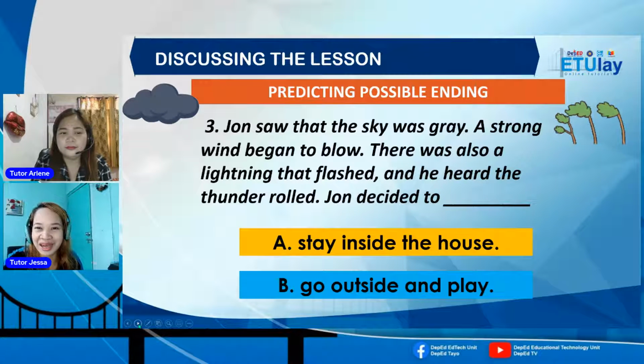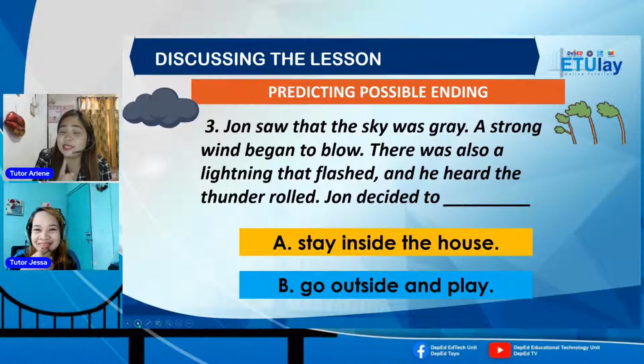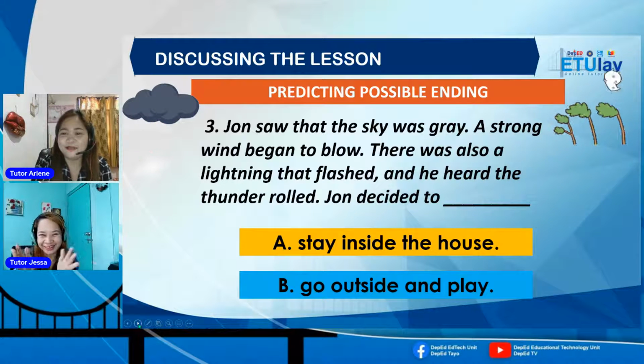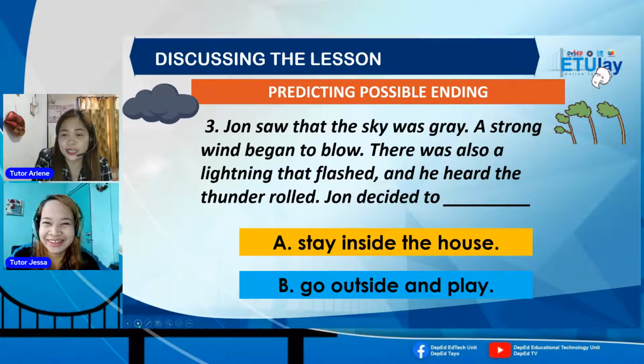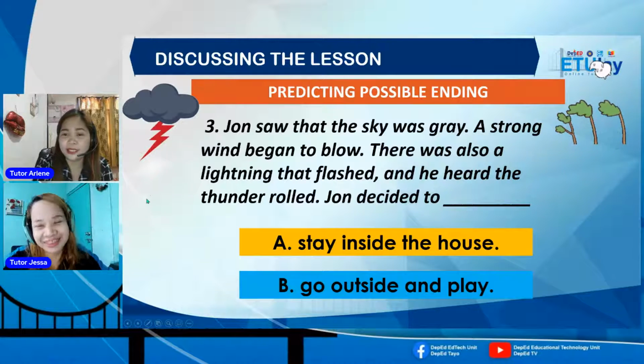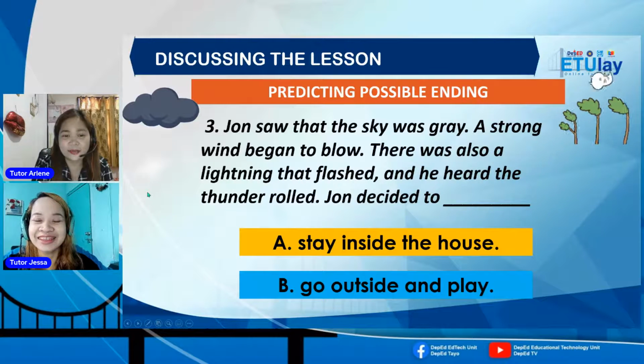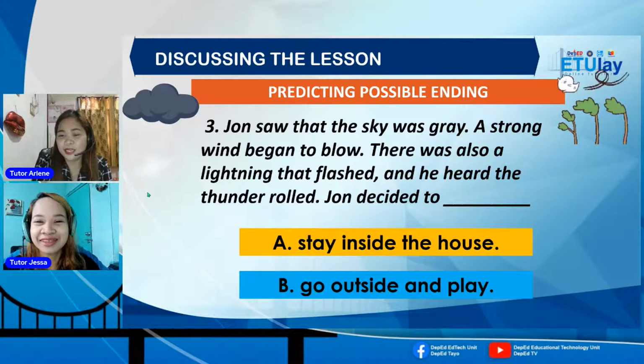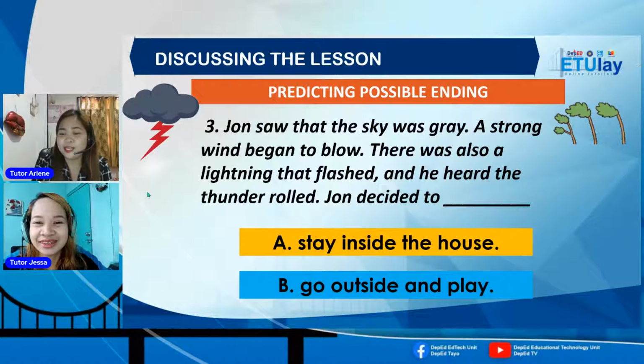So, Tutor Arlene. Okay, for number 3, alam mo kanina may tumama sa panghuhula, Tutor Jessa. For number 3, sabi ni Chris Evo, it's letter A. From Prince Ed Namo, it's letter A. Si Liam, it's letter A. Si Alia, letter A. Si Rain Freya, it's letter A. Si Sania, si Sandros, letter A. Stay inside the house.